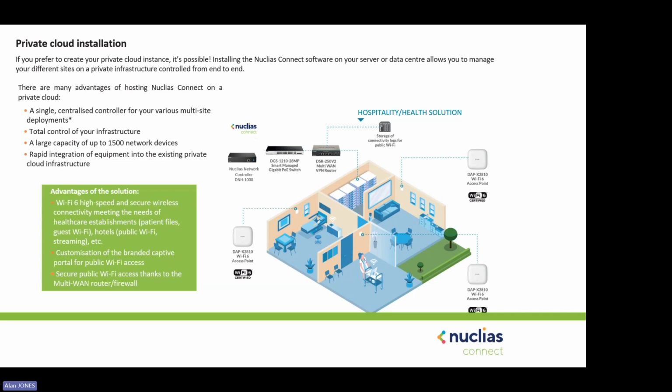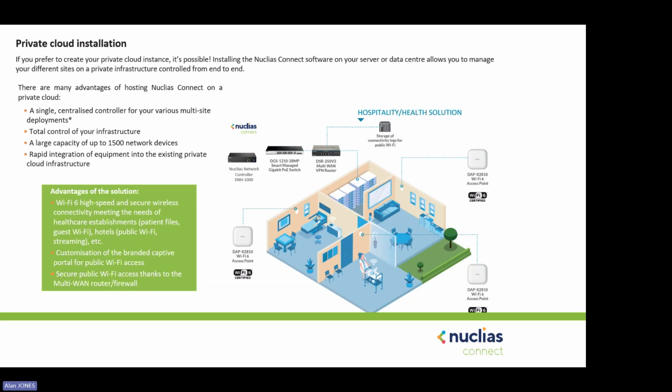Forgive me there. That is a little device that contains the Nuclias Connect software, and that's pre-installed on that. That device is powerful enough, with the right amount of memory and processing power, to be able to manage a network. We'll introduce that in more detail in a couple of slides' time.